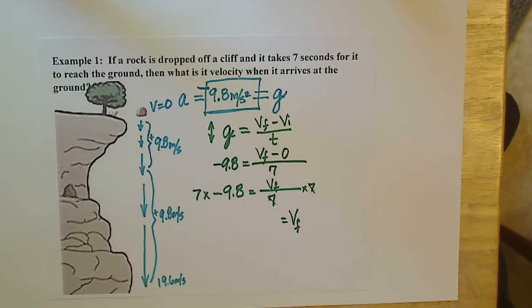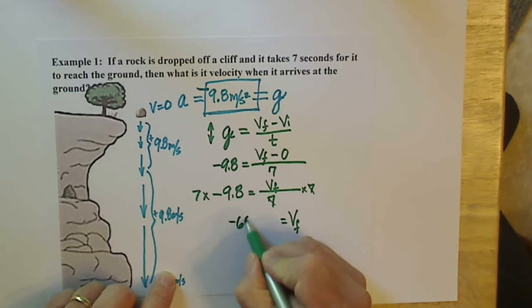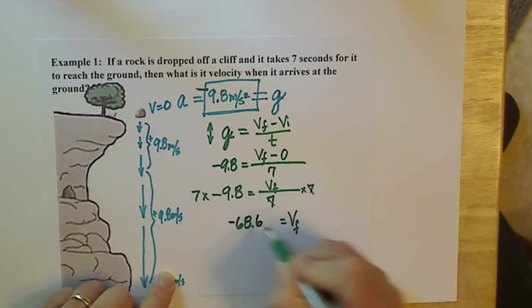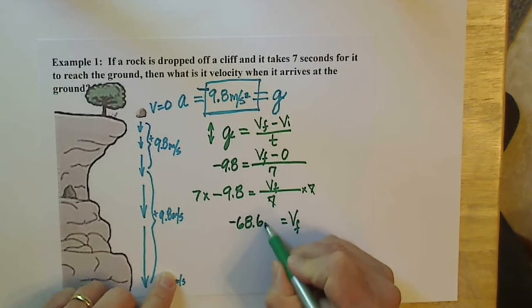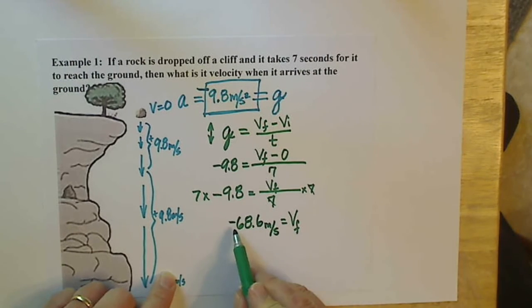Okay, so 7 times 9.8 is going to give us, let me look this up here, negative 68.6. Now this is the velocity, so this is meters per second. Now take a good look. I got a negative on there.